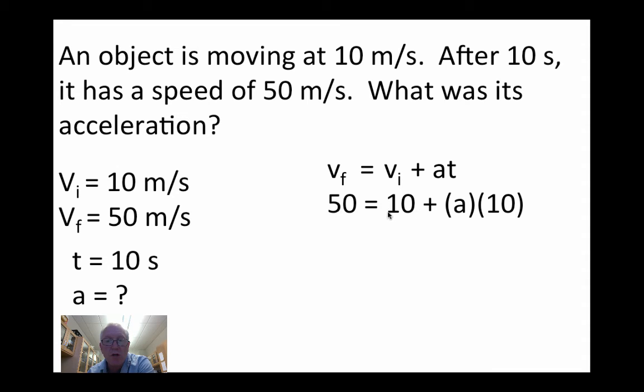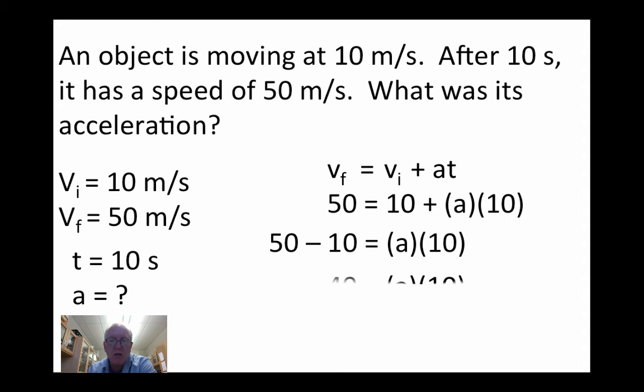So I'm going to try to get rid of this 10, and since it's added on here, I'm going to undo that addition with subtraction. So my first move here is to subtract off the 10 from both sides. When I subtract off the 10 from both sides, I'm left with this.